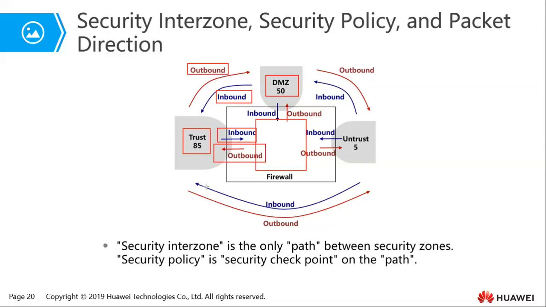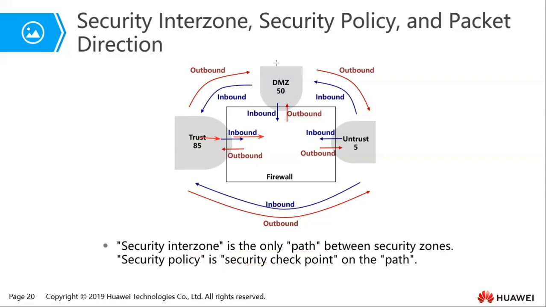Now, it is important to know this because packet flow is restricted using security policies, in either the inbound or outbound direction. So security policies simply offer security checkpoints on the path. What that means is this: you want to move from the trust zone to the local zone.